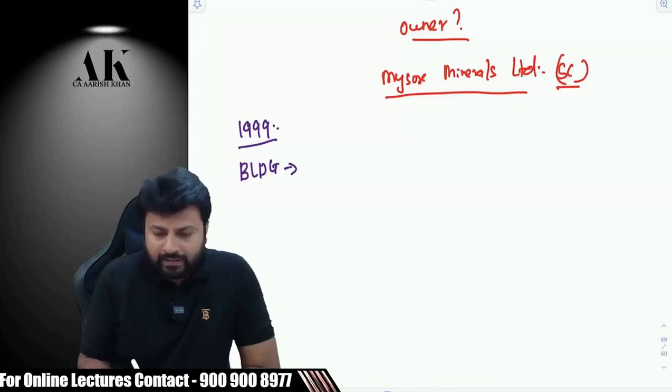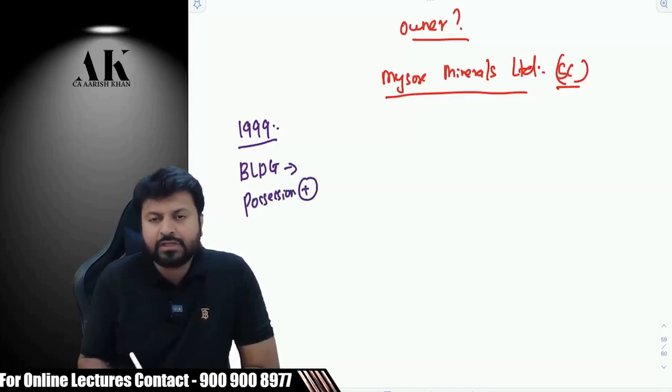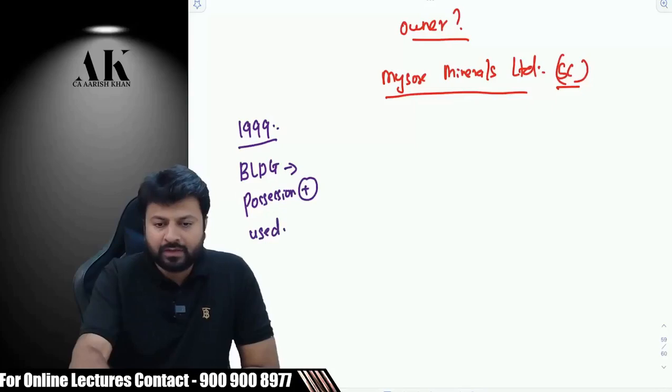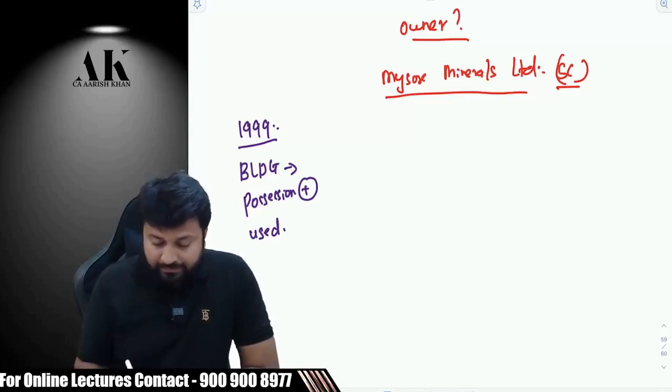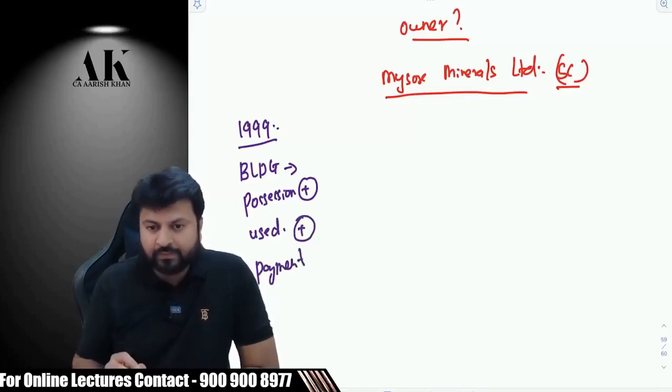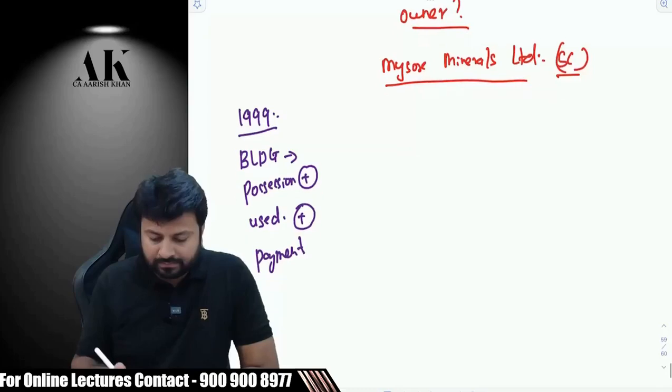After buying the building, he took possession of it and started using it for the purpose of business and profession. He also made the payment to the seller from whom he acquired the building.